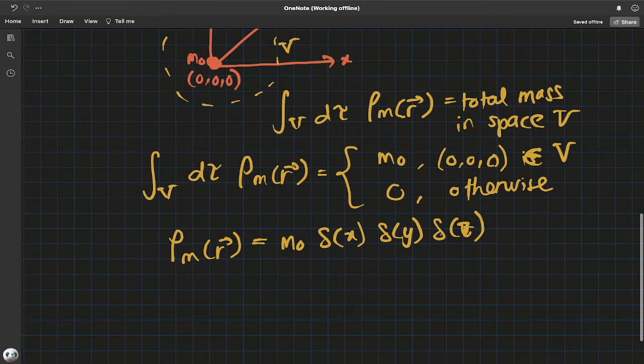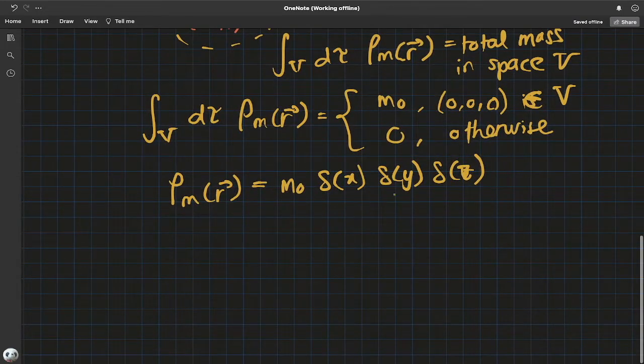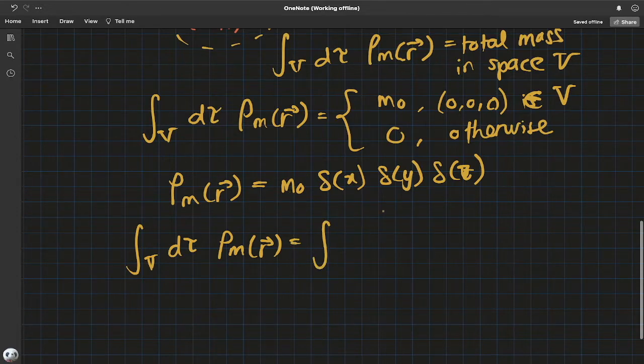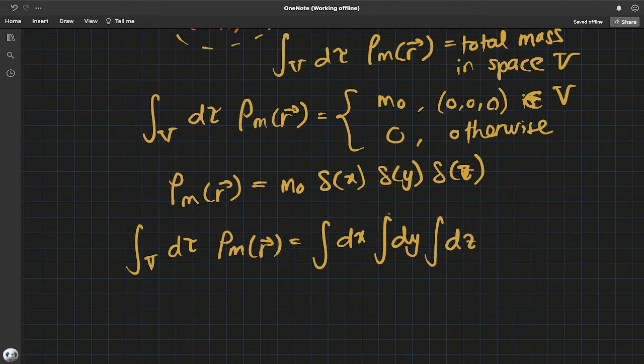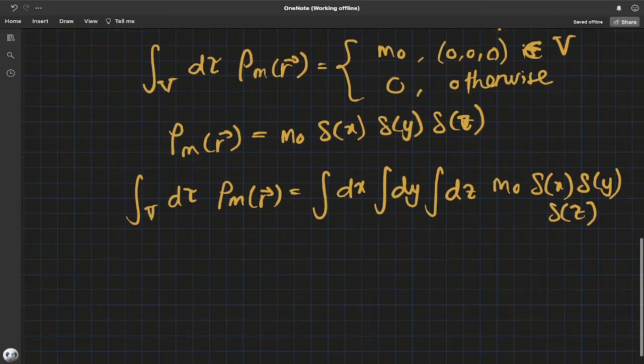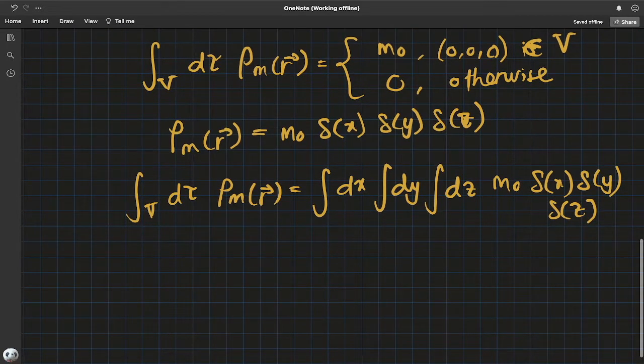Instead of having just one delta t, for example, like the last page, I'm gonna have 3 deltas, because if you do the volume integral of this entire thing, in Cartesian space you have dx, dy, dz with appropriate upper and lower bounds. You can do that with parameterization. m naught, delta x, delta y, and delta z. If you do the triple integral properly, take the delta x with the dx, integrate it.